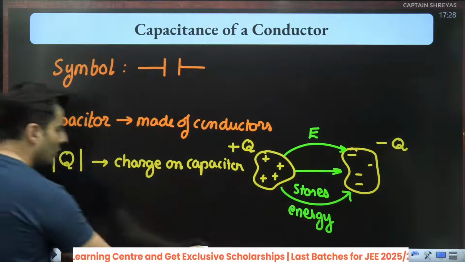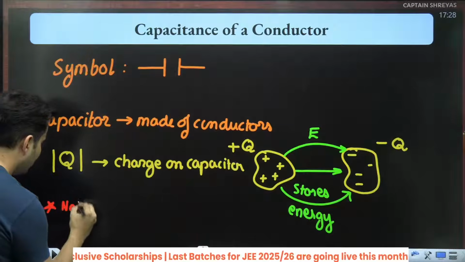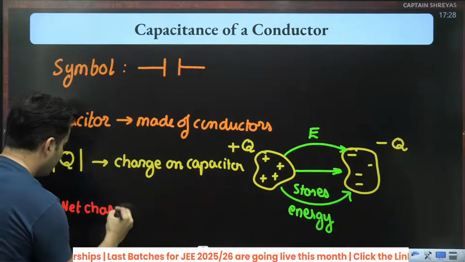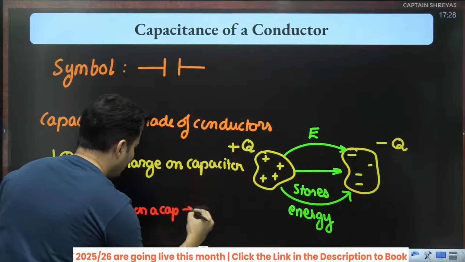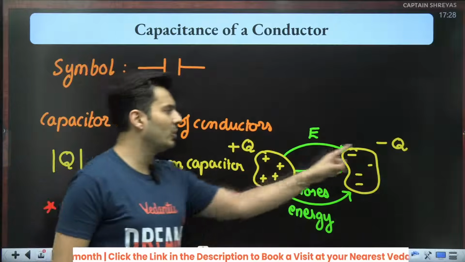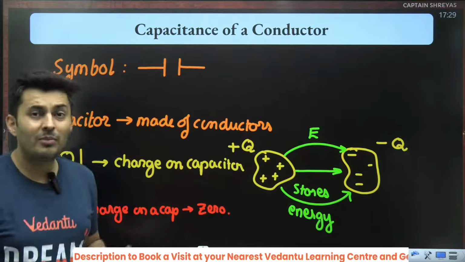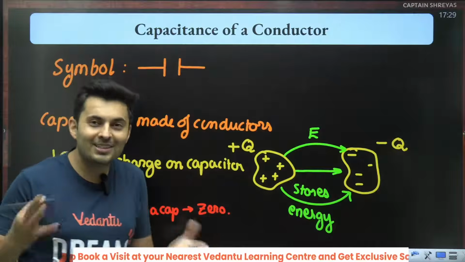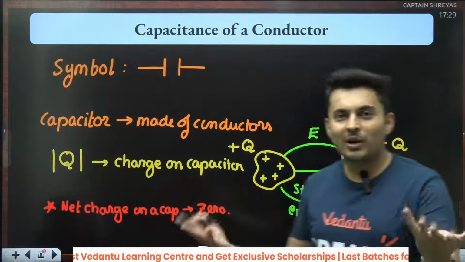But you should also know one small thing, that the net charge on a capacitor is always going to be zero, because if this is plus 2 coulombs, this will be minus 2 coulombs. 2 and negative 2 will make it 0. But we never say the charge on a capacitor is 0, because then every time the charge on the capacitor will be 0, then what is the point?